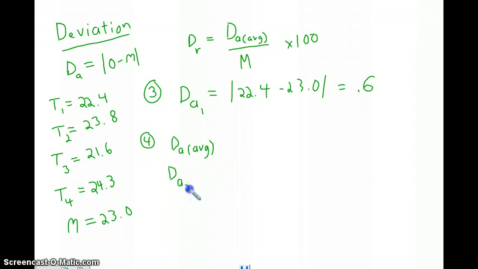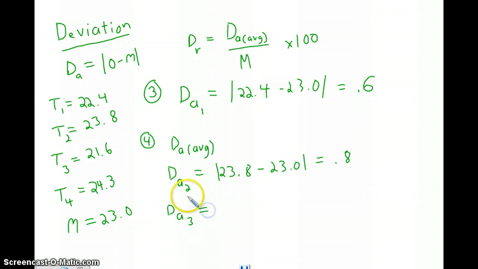dA2 is going to be done the same way, but use the specific observed value for trial 2, which is 23.8, minus the same mean. That mean will not change. Always use that value. So dA2 is going to be equal to 0.8. Now I think we got the hang of it, so to save a little time, I'm just going to tell you the value for dA3.